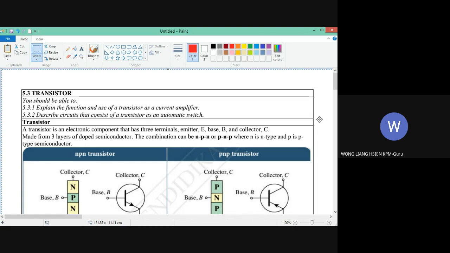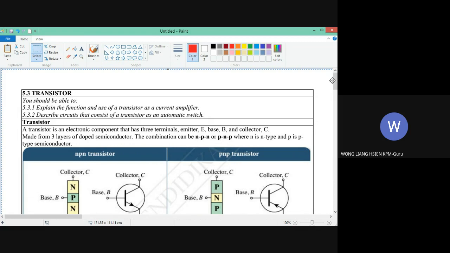Because of this depletion layer, the semiconductor diode can function like a valve that allows electric current to flow in one direction only.